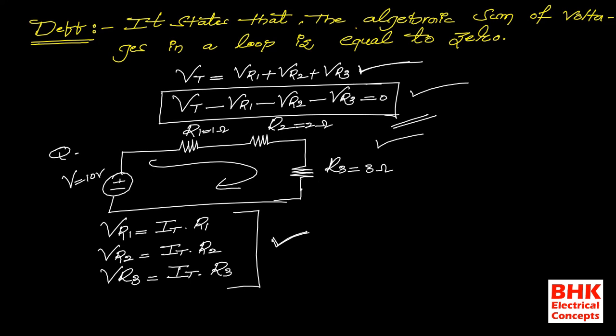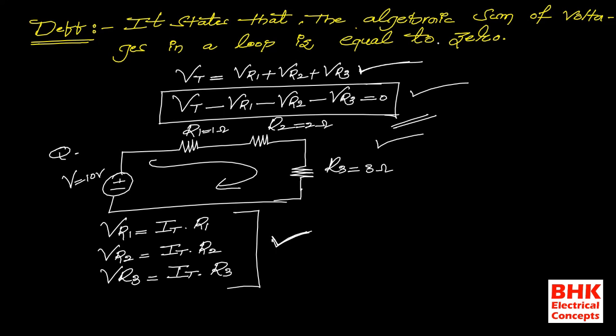After getting all these values, we can verify Kirchhoff's voltage law. How much voltage we are applying, and how much voltage drop we are getting across the individual elements. After getting the voltage drop across individual elements by using these equations, you can substitute in this expression, and check whether the applied voltage is equal to the sum of the voltage drops across individual elements or not.